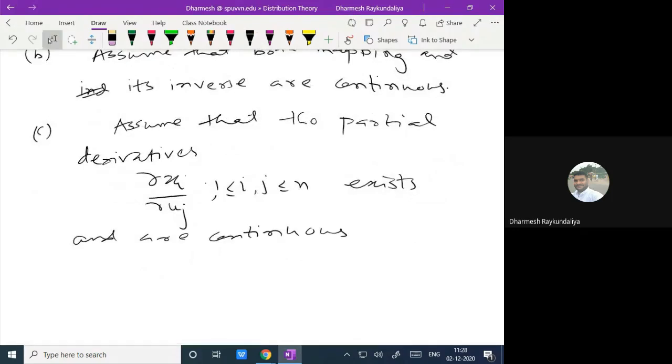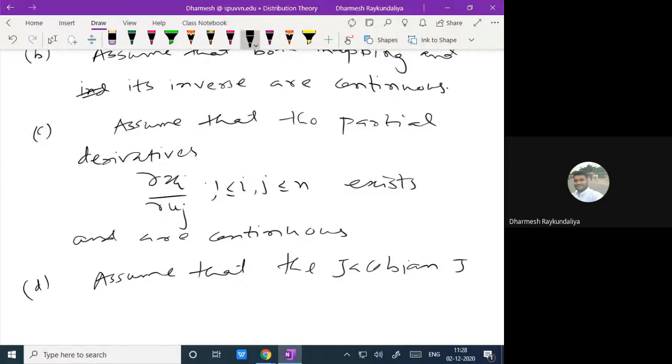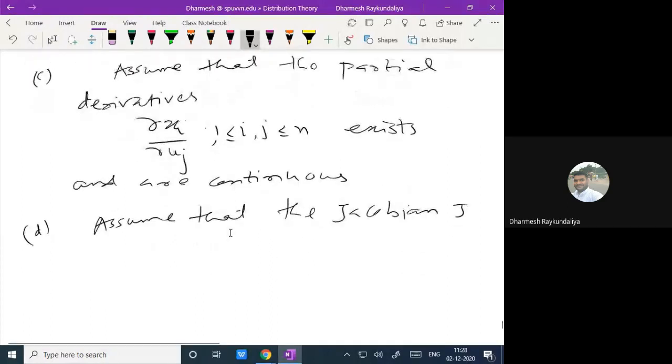Same whatever we have written for the two variables, we are extending for several variables. Assume that the Jacobian J of inverse.